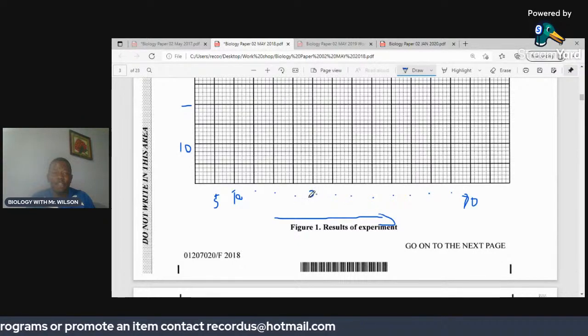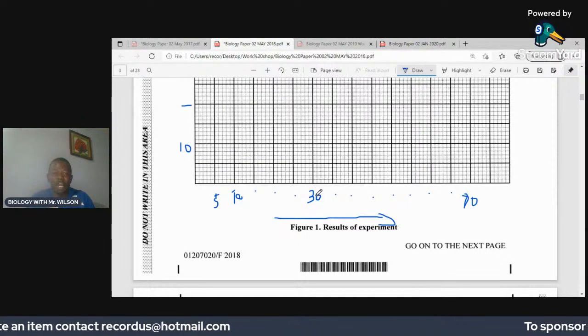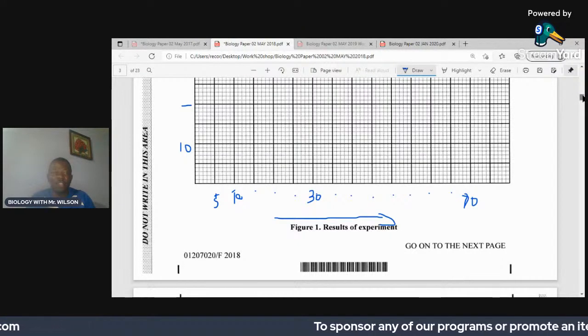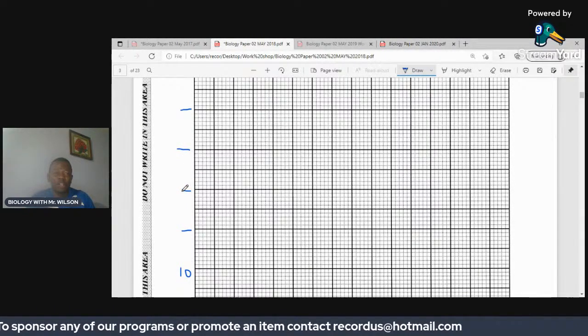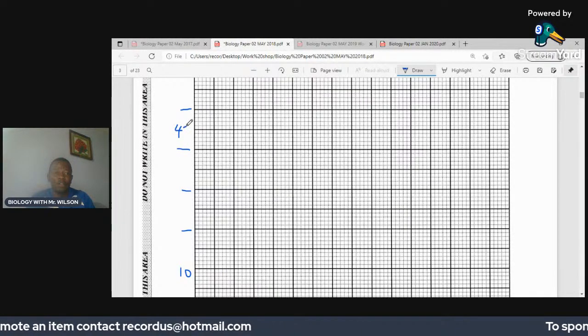I think this is 30. You can solve it on your paper just the same. All right, so it's 30 to 45. Let me see how that goes. So it's going to be 10, 20, 30, 40. So 45 is somewhere there. So we are going to be solving it there.